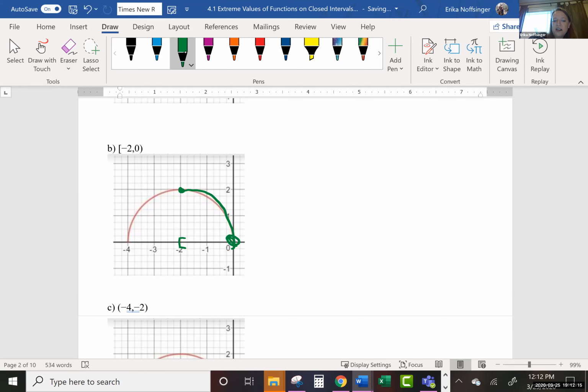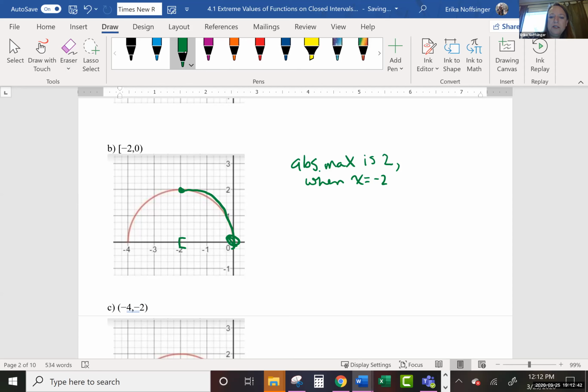The largest y value we're getting is 2. And so again, I see that we have an absolute max, in this case when x is -2, and the absolute max is +2.